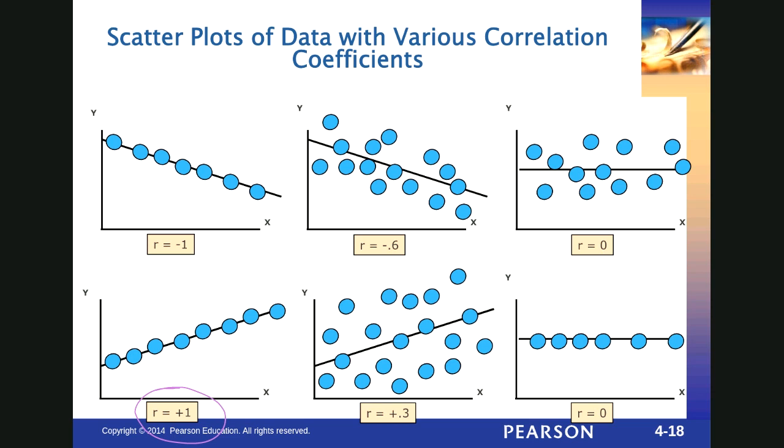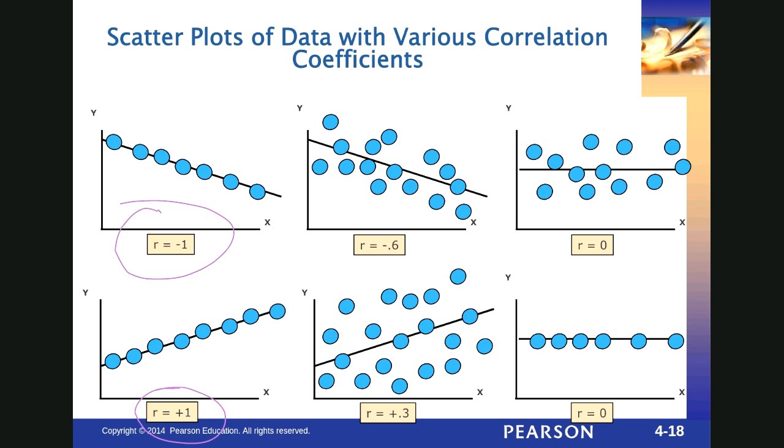But because it's equal to 1, all the points are on the line. So we have a straight linear relationship. And it's a very strong relationship, very strong positive relationship. When I look at R is equal to -1, it's in the negative direction, and all the points are on the line because it's equal to -1.